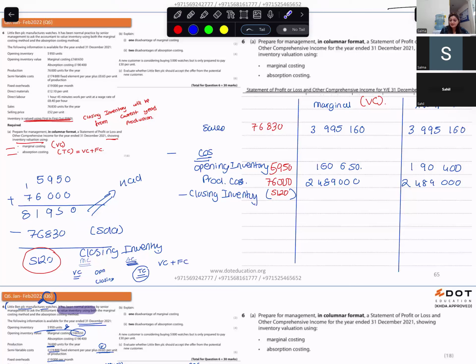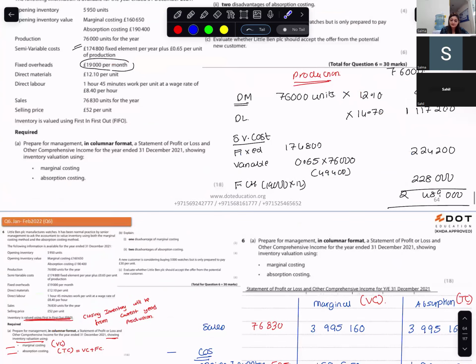Your production cost, including the variable and fixed costs, for the total 76,000 units is how much? 2,489,000. Yes, this is your total cost, that means variable cost plus the fixed cost.